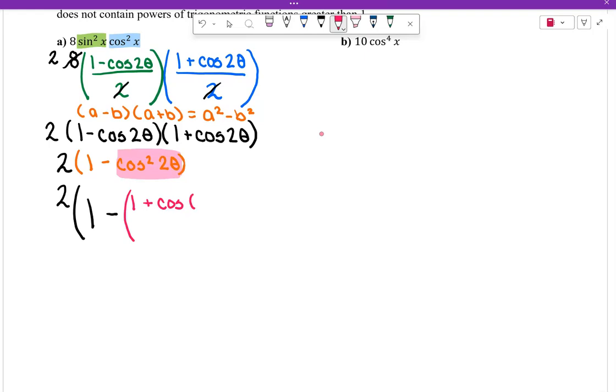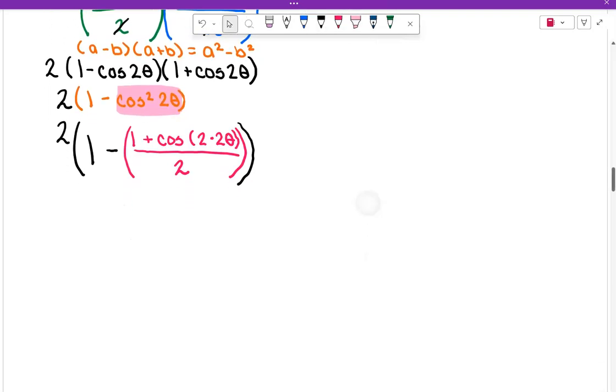And remember, it's 2 times theta. Well, our theta is 2 theta. All over 2. And then I can close it with a big one.